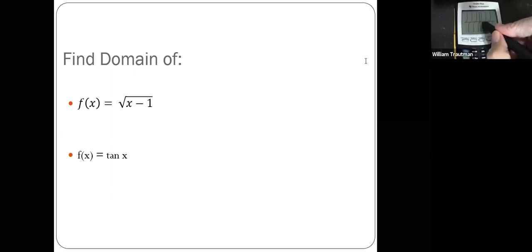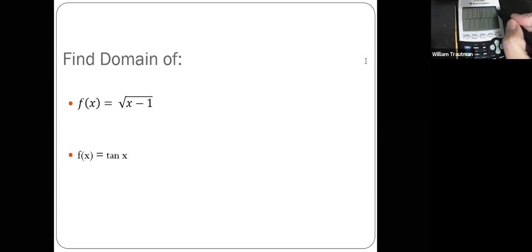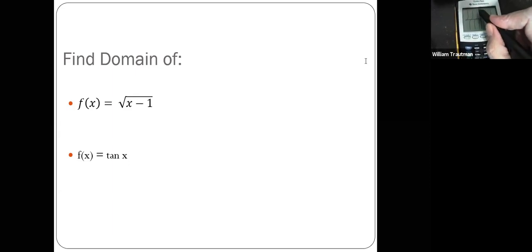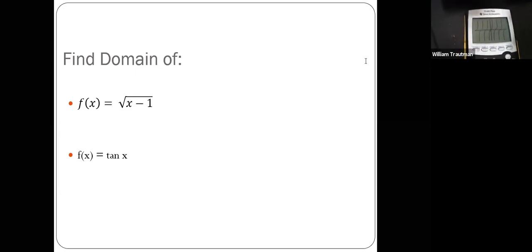And if you add a pi to that, 3 pi over 2 is not in the domain. Add a pi to that, 5 pi over 2 is not in the domain. Add a pi to that, 7 pi over 2 is not in the domain. Same way with negative pi over 2 not in the domain, negative 3 pi over 2, negative 5 pi over 2. Those are where the asymptotes are.